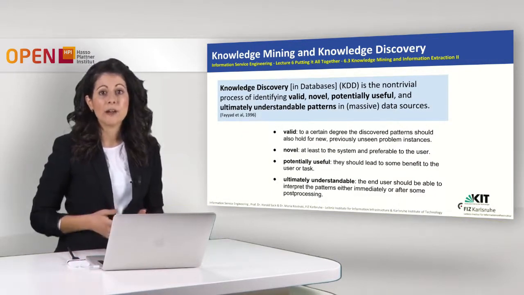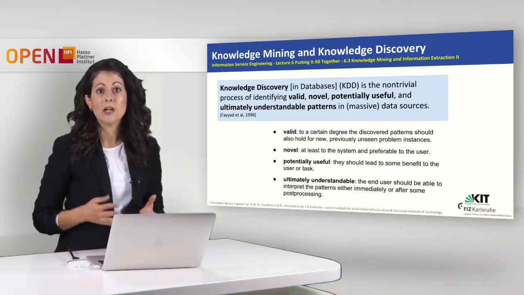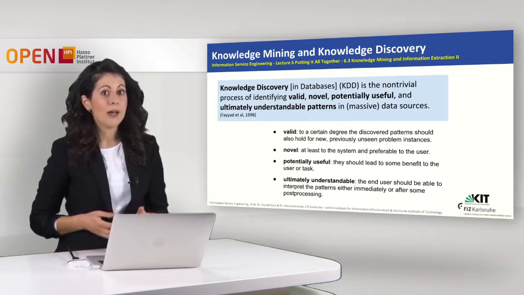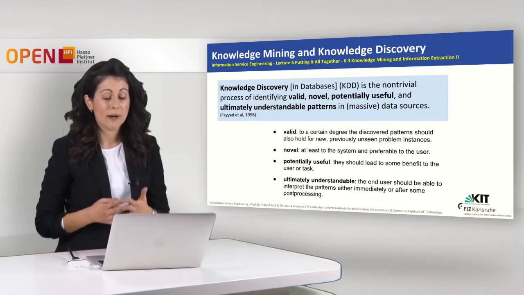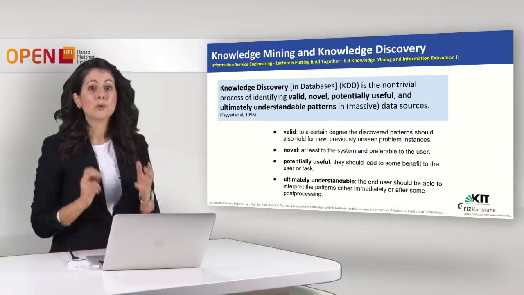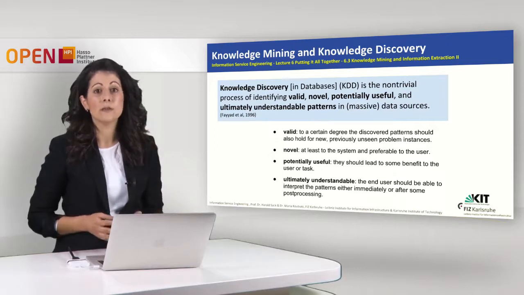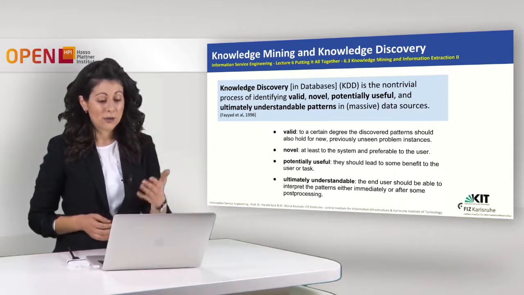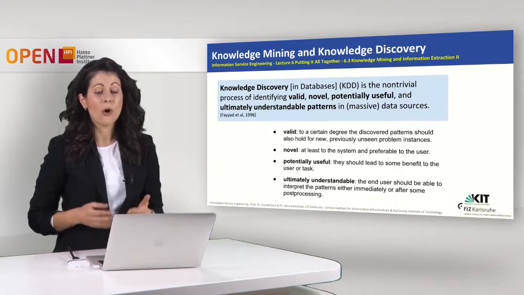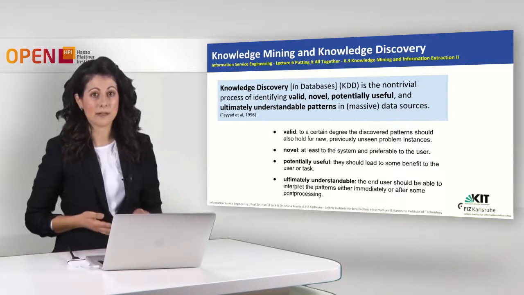So knowledge discovery is a non-trivial process of identifying valid, novel, potentially useful, and ultimately understandable patterns in data sources. So let's see one by one those concepts, what they mean. By valid, they should be valid to a certain degree, so that the discovered patterns should also hold for new, meaning previously unseen problem instances.